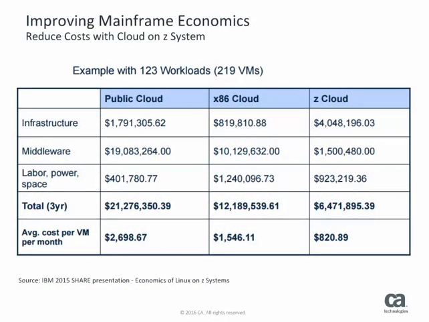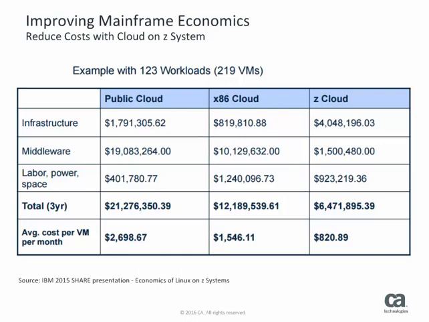A recent IBM study compares the economics of zCloud compared to other alternatives. It tested 123 mixed workloads, light, medium, and heavy, on 219 virtual machines on 3 platforms: Public Cloud, x86 Cloud, and Z System Cloud. The TCO model used included 31 different variables that were placed into 3 major cost categories.